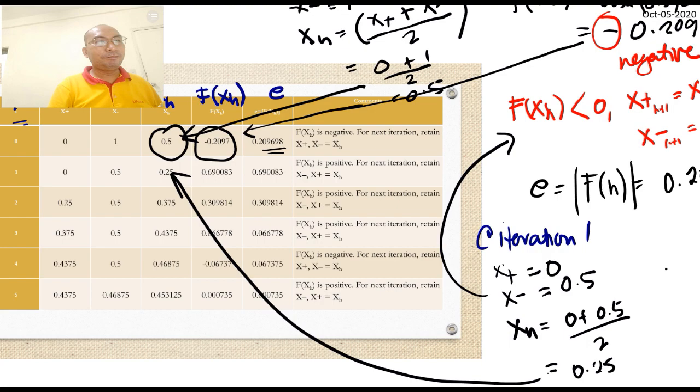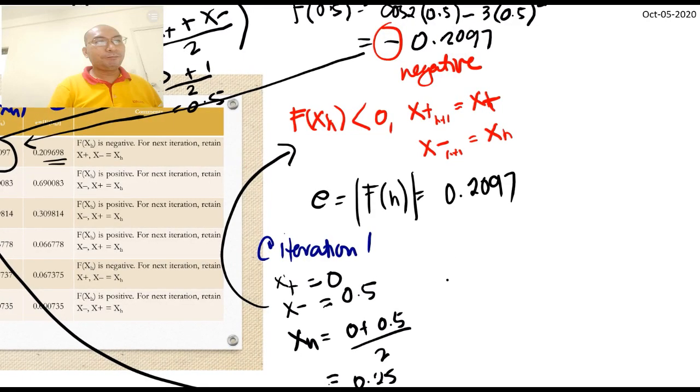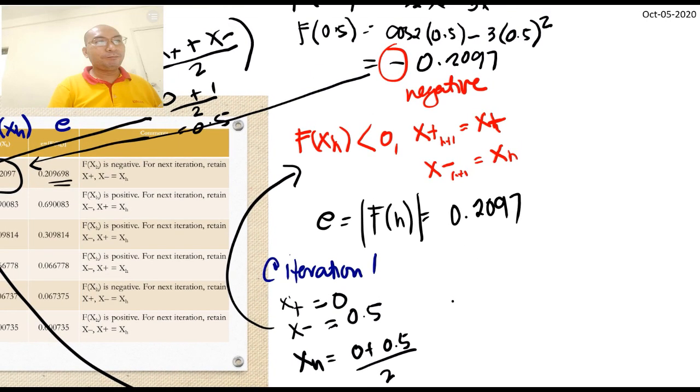Again, if we substitute 0.25 to the function, it will be equal to cosine of 2 times 0.25 minus 3 times 0.25 quantity squared.